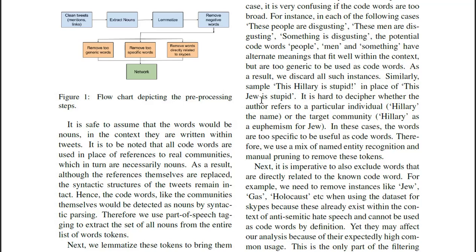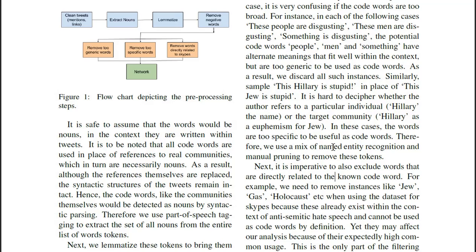Similarly, using specific words, referring to individuals or the community itself, makes it too specific. Therefore, you cannot assume that they are acting as code words. So the assumption is that too generic and too specific words are not code words.